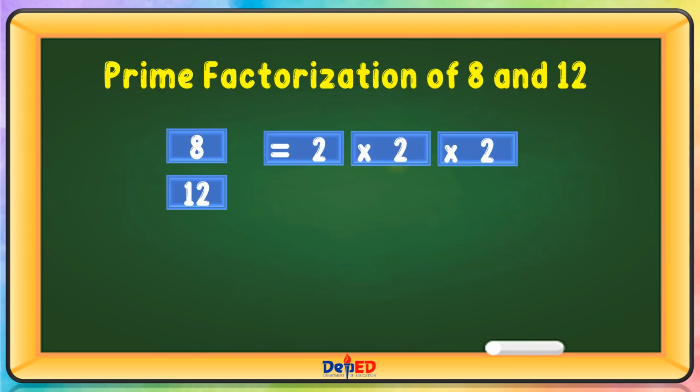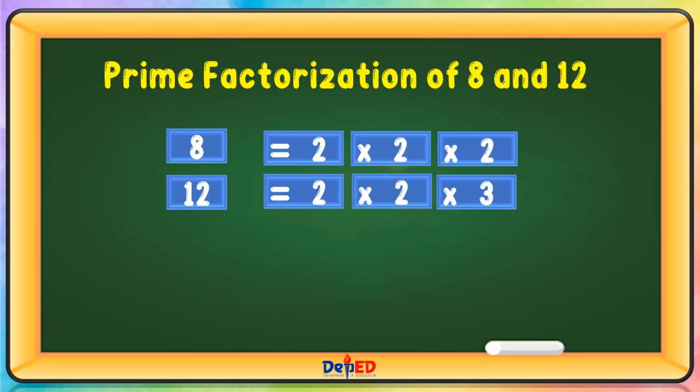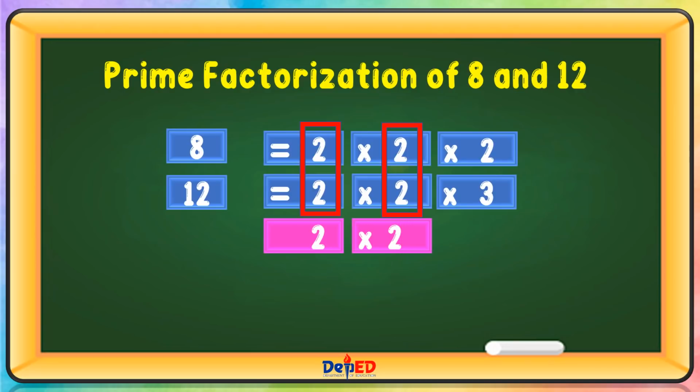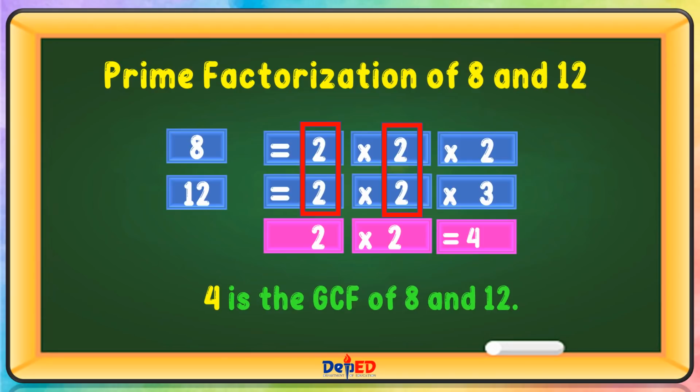The prime factorization of 12 is 2 times 2 times 3. We have two common factors, the first 2 and the second 2. 2 times 2 equals 4. 4 is the GCF of 8 and 12.